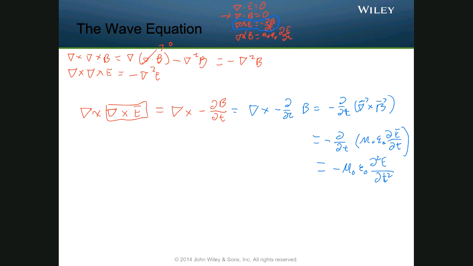Okay, so looking at both sides of the equation, we can write minus del squared E equal to minus mu naught epsilon naught d2E/dt2.